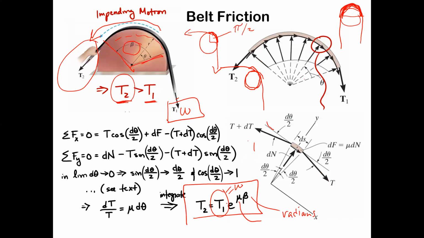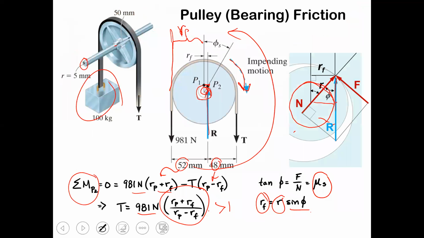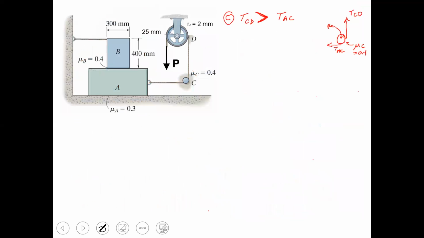So T2 equals T1 e to the mu beta. If you knew what TCD was and you're trying to figure out what TAC is, TAC is going to be smaller. So TCD is the bigger one, so TCD equals TAC e to the mu beta, right?